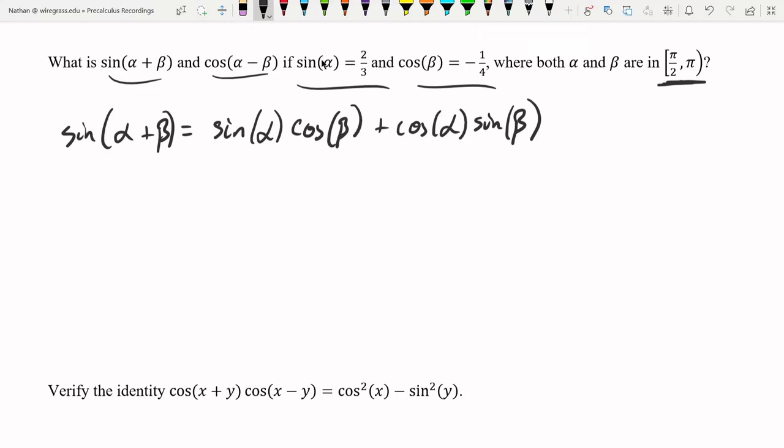So we can see we already know sine alpha and cosine beta. We do not know cosine alpha and sine beta, so we need to find those.